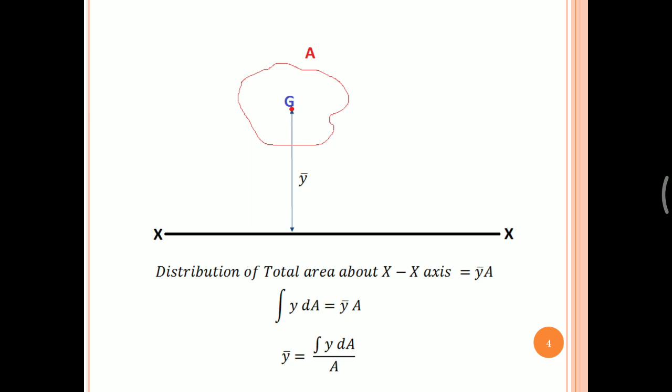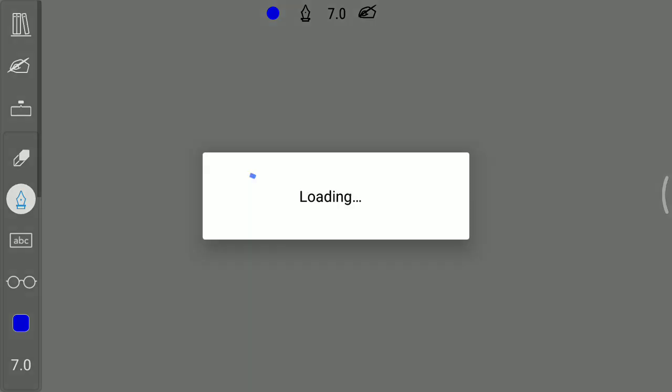So this equation is very important. In some textbooks you will find this equation to be different, so I've represented it here.